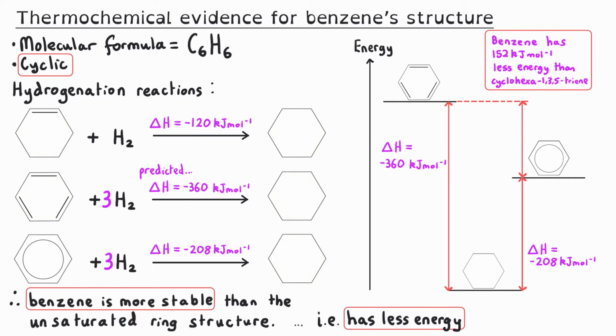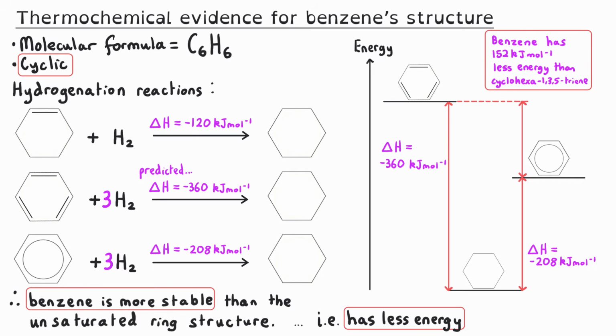But since this reaction produces less energy, minus 208 kilojoules per mole, that must mean that benzene's starting energy is less than was expected, and so therefore could not be this cyclohexa-1,3,5-triene structure. And benzene then has 152 kilojoules per mole less energy than cyclohexa-1,3,5-triene would have, and so therefore it is more stable.